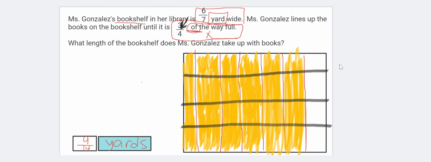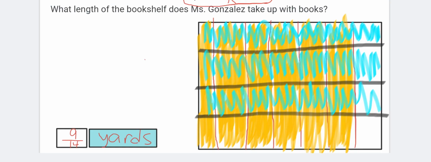That's right, I'm going to shade in 3 rows. As you can see here, I have shaded in 1, 2, 3 rows out of 4. And my answer is going to be where the colors overlap, or where I see yellow and I also see blue.